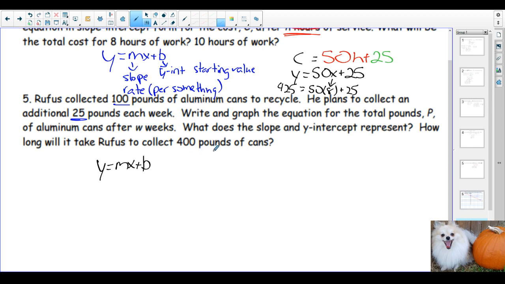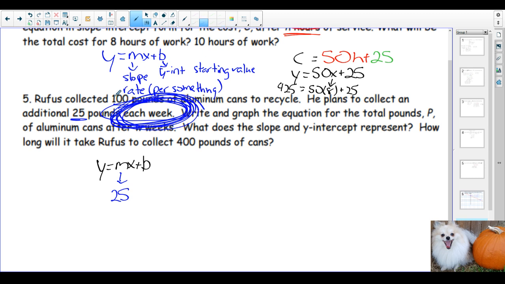And which of those is the rate? We collected 100 pounds. That just happened one time. Doesn't say he does it repeatedly, he just did it one time, collected 100 pounds. And it says he also gets 25 pounds each week. There's the key word, each week, every week, per week. That's your rate. So our slope is 25.